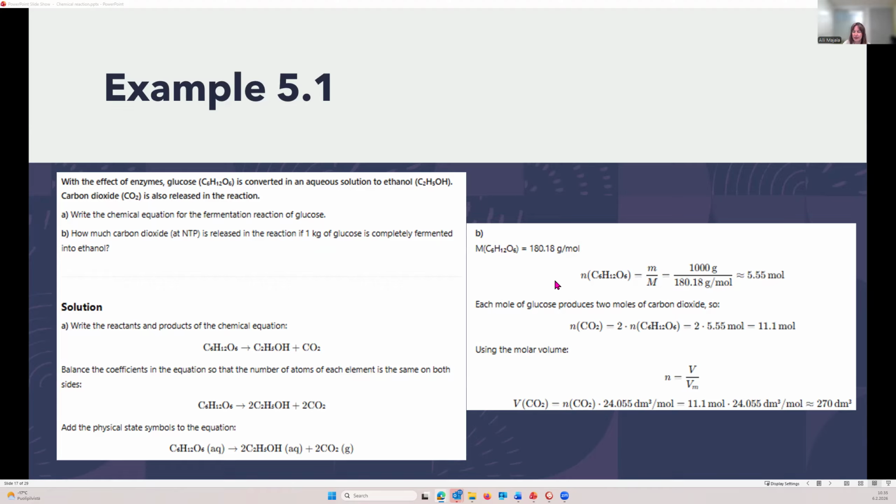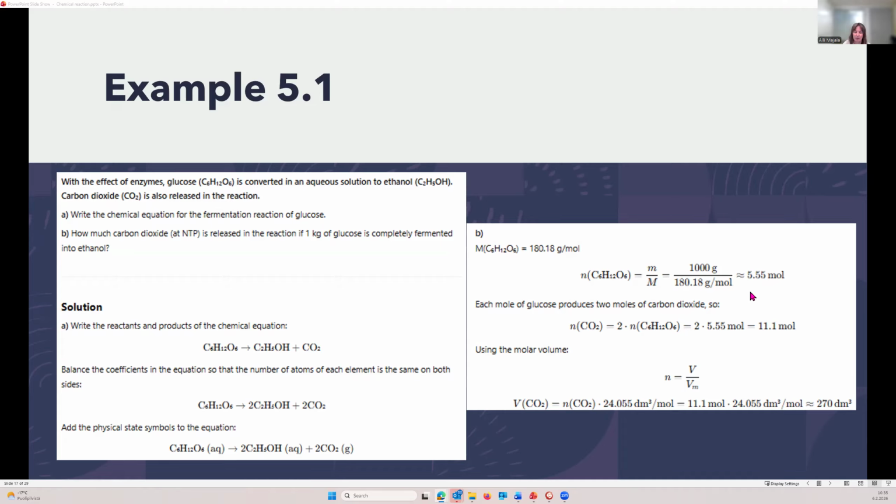So now we can go to these amount of substance calculations, where the amount of substance can be calculated by dividing its mass by its molar mass. And here, the molar mass of this glucose has been calculated with the molar masses of all the elements, multiplying them with these numbers, how many there are in the substance. And we get how many moles we have in 1 kilogram.